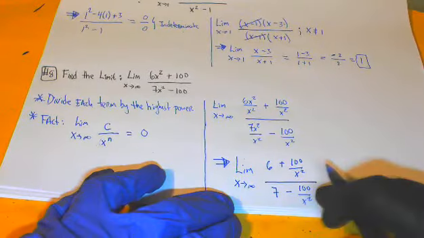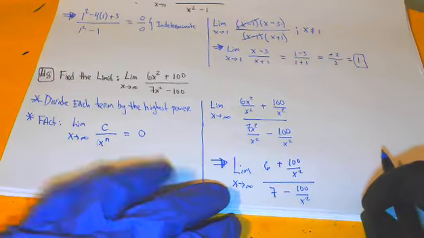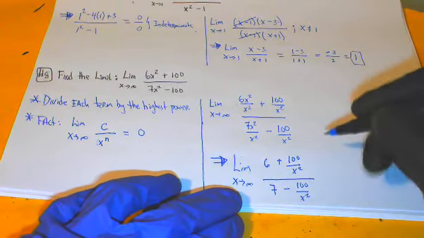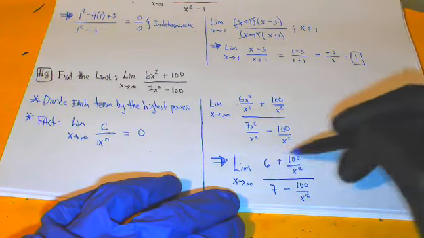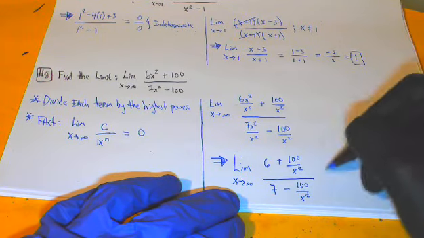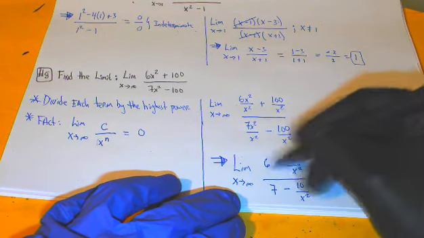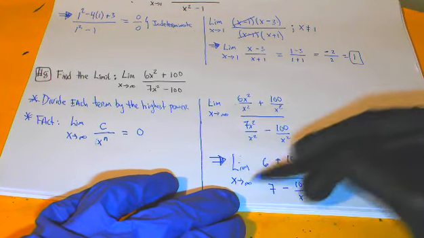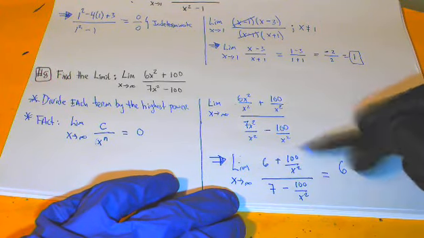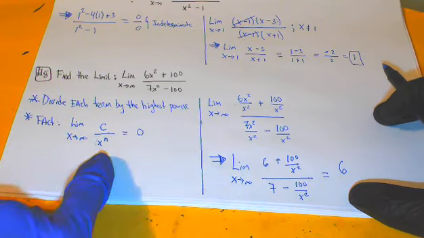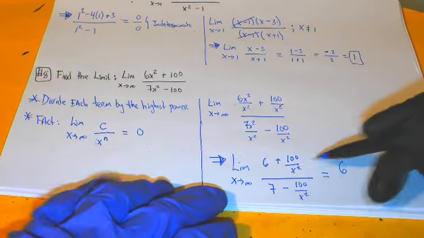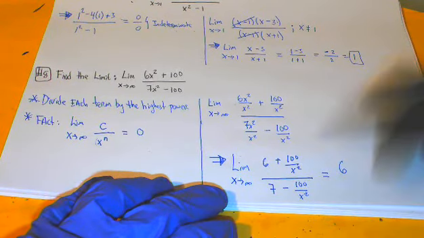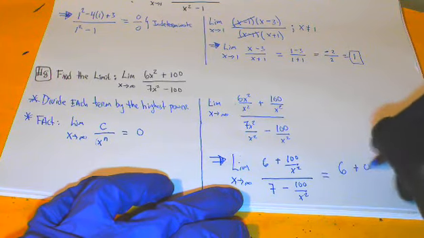Now I'm going to compute the limit as x approaches infinity, and I'll get my answer. The limit as x approaches infinity of 6 is going to be 6. The limit as x approaches infinity of 100 over x squared, if I use this fact, is 100 over a very large number, that's going to be 0.